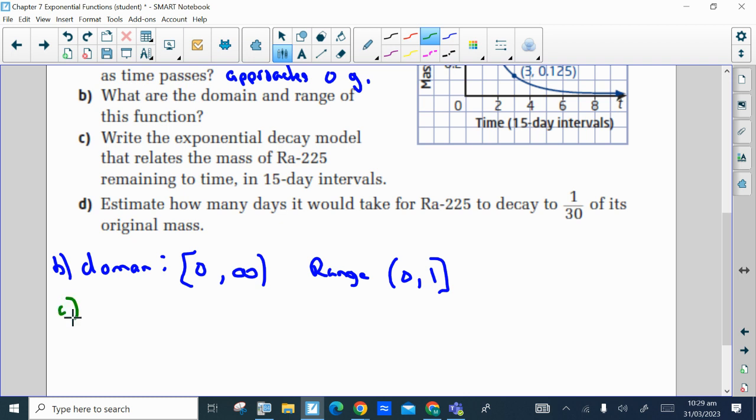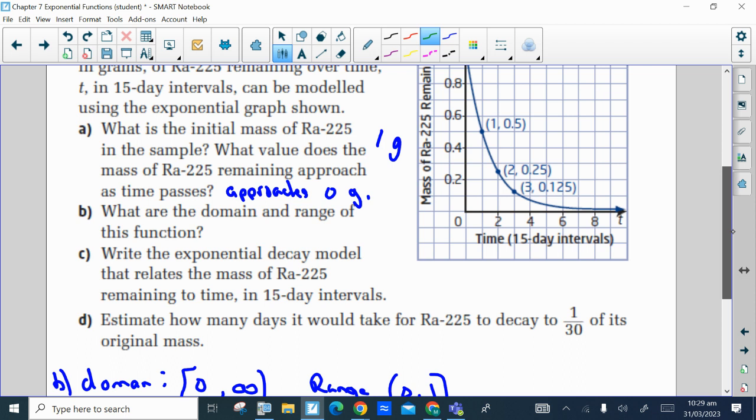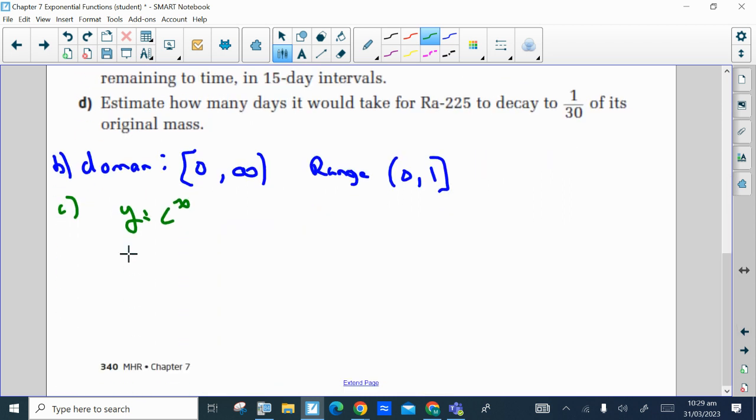Part C asks us to write the exponential function. So again, it'll be y equals c to the x. And we can find out what c is by plugging in one of the points. Let's use the point (1, 0.5). So x equals 1 when y is 0.5. And so c equals 0.5.